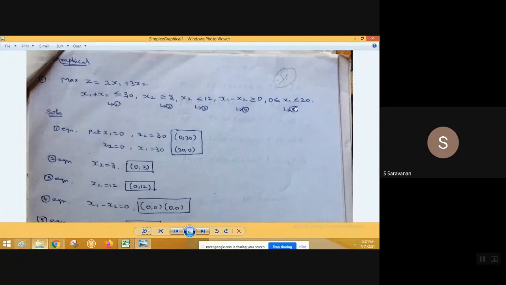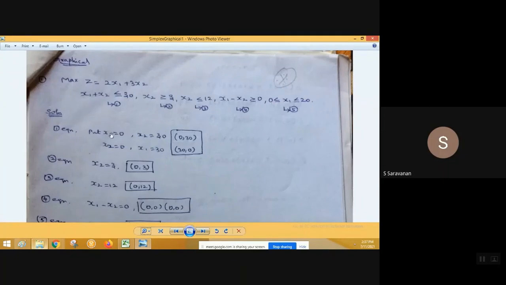The fifth equation: x1 is 0 and x2 is less than or equal to 20. So only one equation has both the coordinates, x1 and x2. All other equations have either only x1 or only x2.